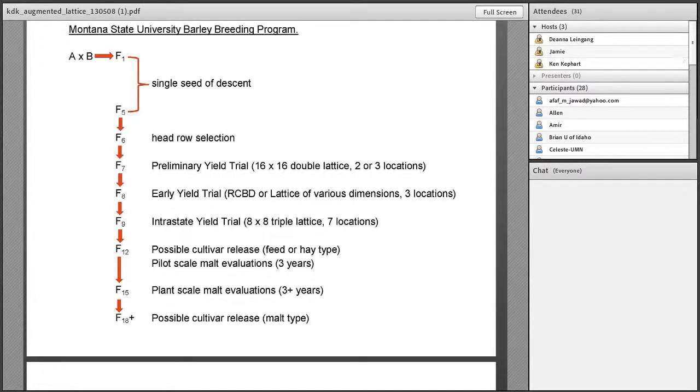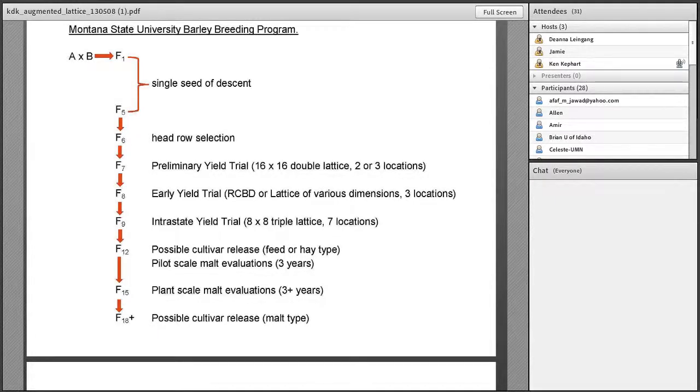Typically, those 256 plots are made up of anywhere from 13 to 15, 16, sometimes 18 check varieties, and then the remainder, somewhere in the neighborhood of 235 up to almost 245 or so, contain experimental lines that are either F7s, which are progressing immediately in the program, or some holdover F8s from the previous year.